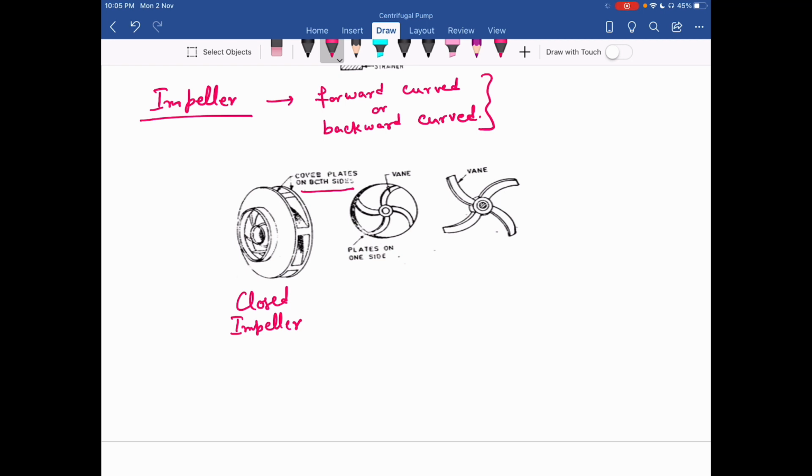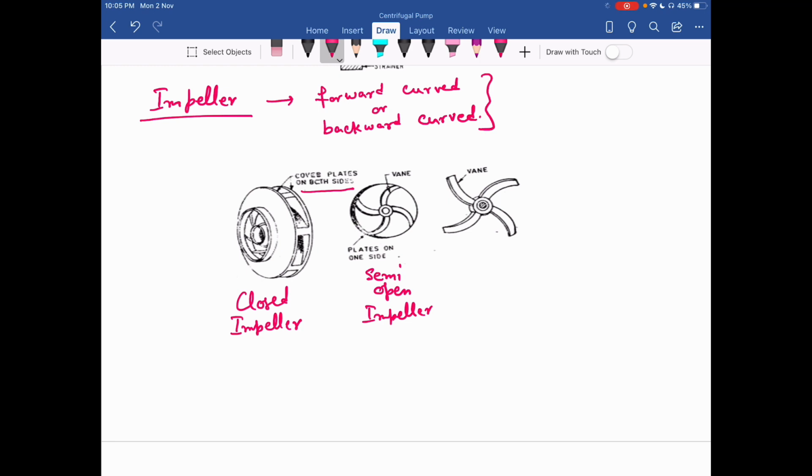Now the second type is the semi-open impeller. So here you can see in this diagram, one side of the impeller vane is covered with the plate and the other side is open.